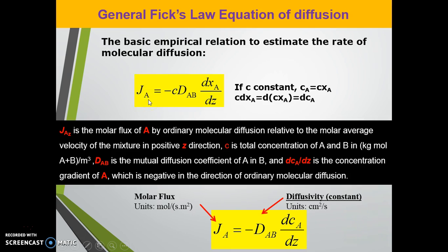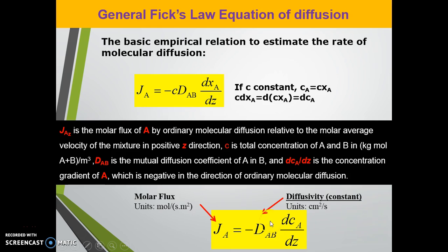JA is the flux. The minus is the direction of the molecules, C is the concentration, DAB is the diffusion coefficient, and normally it is constant. dXA is the difference in mole fraction, and dZ is the difference in length.